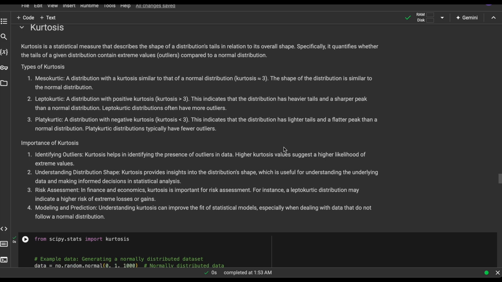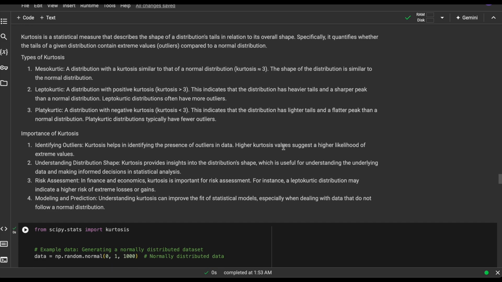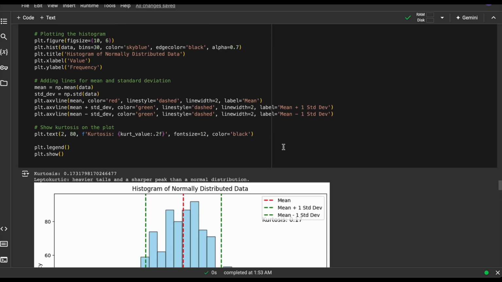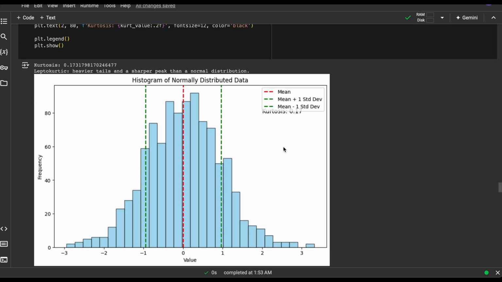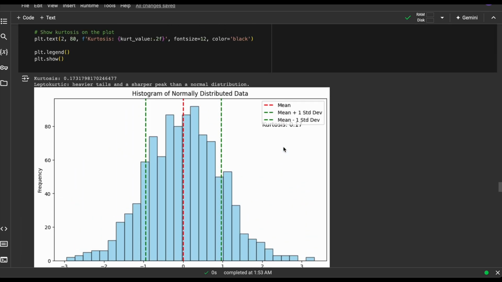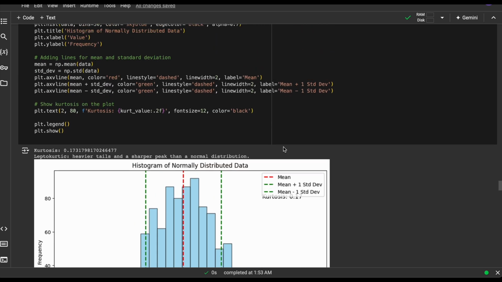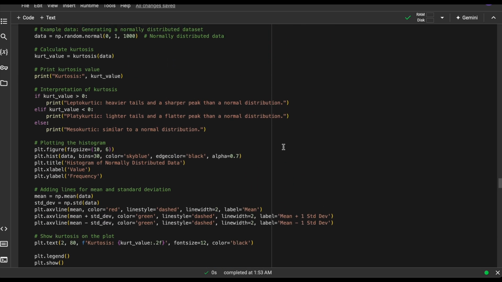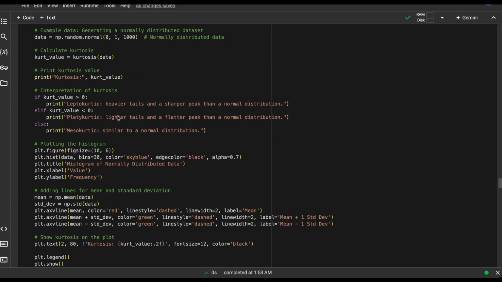Less than 3 indicates lighter tails and a flatter peak than the normal distribution. This is the kurtosis, 0.1731. That's fine. In this example it is less than 3, meaning light tails and a flat peak. The print is normal.